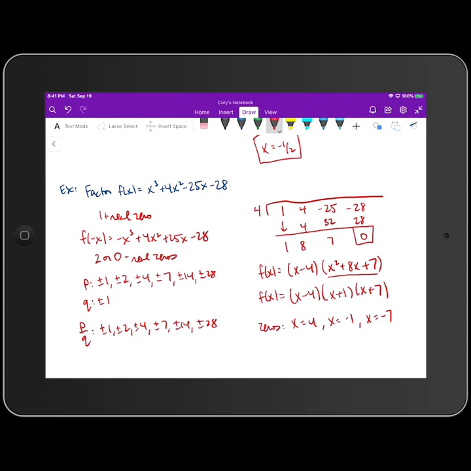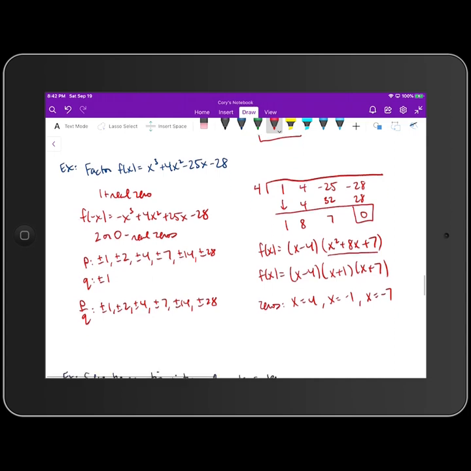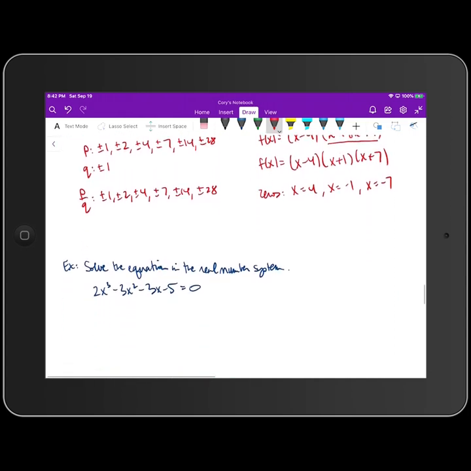Because the multiplicity of all of those zeros is odd, the graph is going to cross the x-axis at all of those points. You could determine the end behavior being x cubed. You could get the y-intercept to be negative 28, and then you could use that stuff to sketch the graph of that function, which we'll do after this next example.